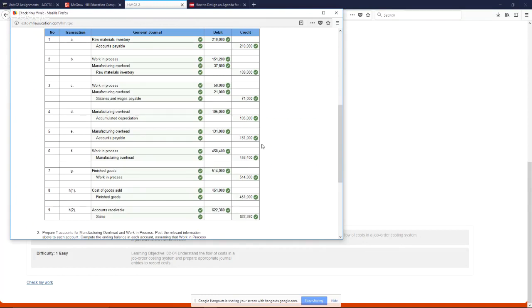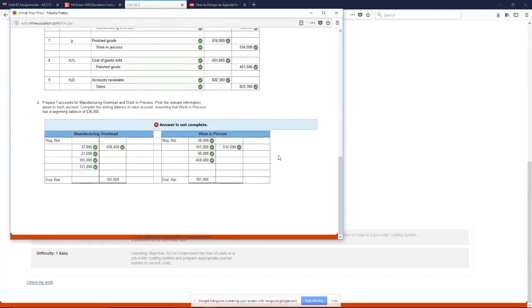Actual manufacturing costs are charged to the manufacturing overhead control account rather than the work in process. How are manufacturing overhead costs assigned to work in process? By means of the predetermined overhead rate. That's why the rate goes into the credit, so I know that's right.